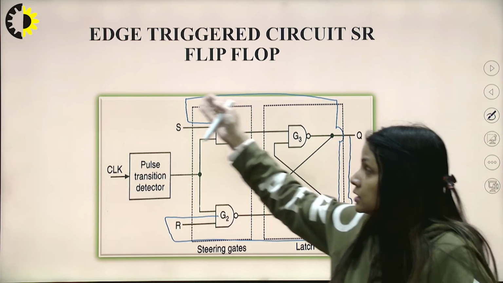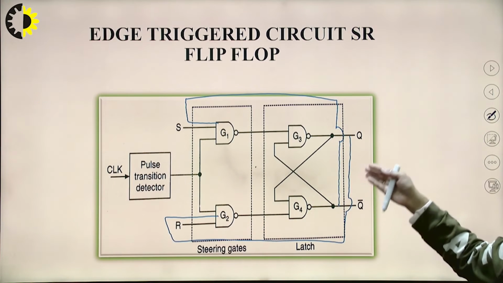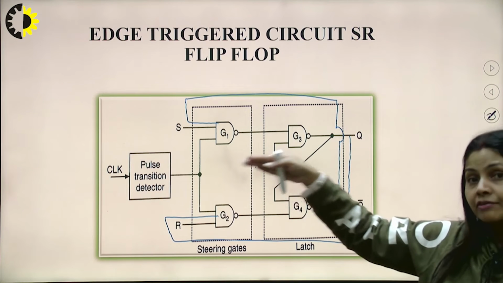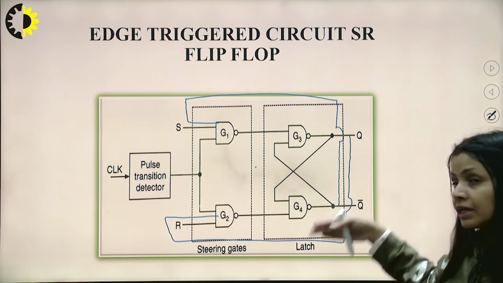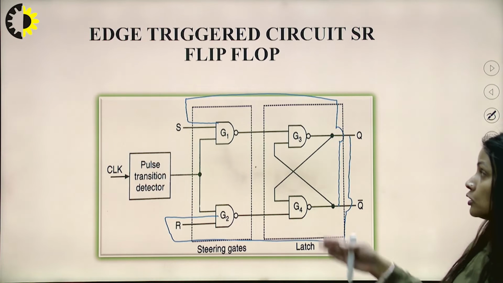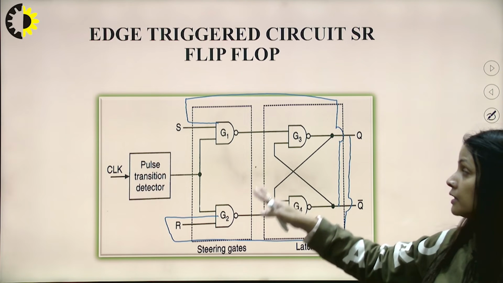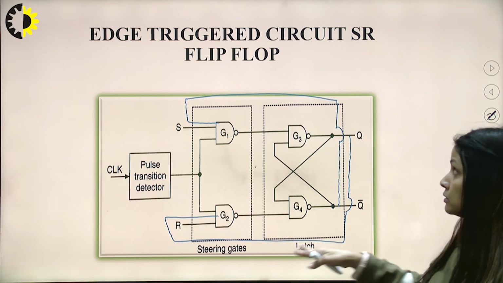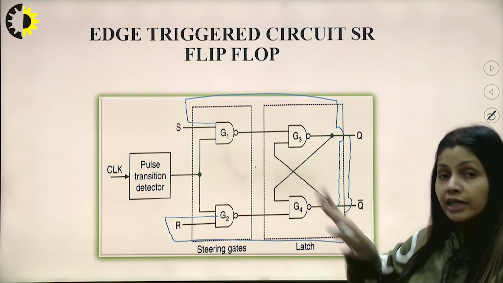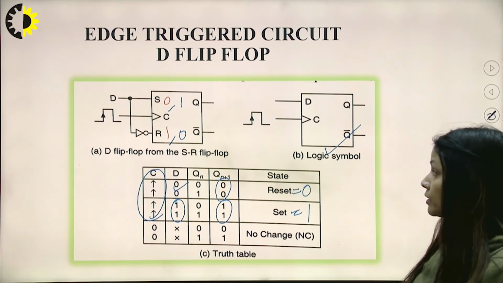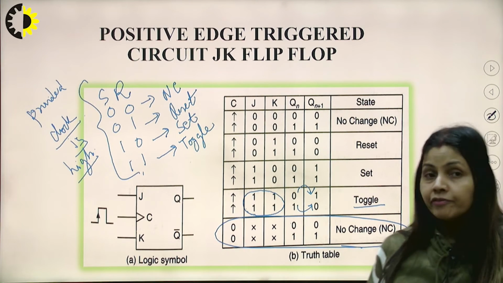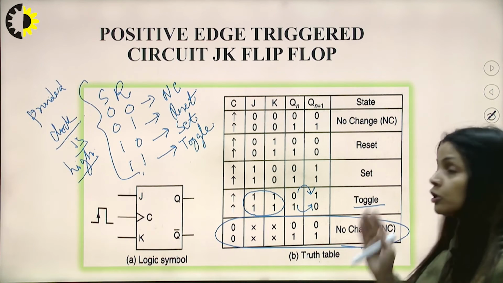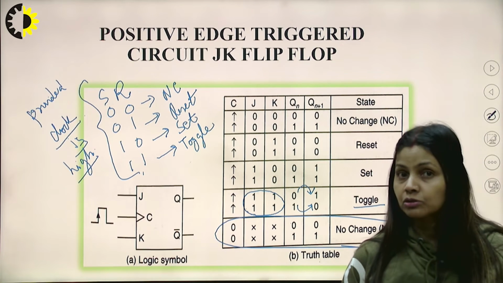Now this is a change we can make to the SR flip-flop, and we can get the JK flip-flop. So this is the circuit diagram for the JK flip-flop. And when we verify this particular condition, we are able to verify the toggle state also.